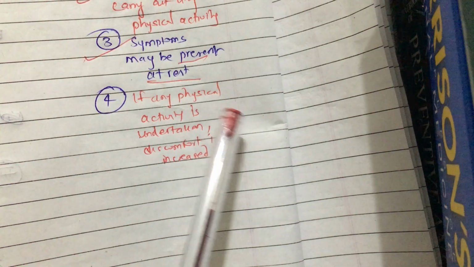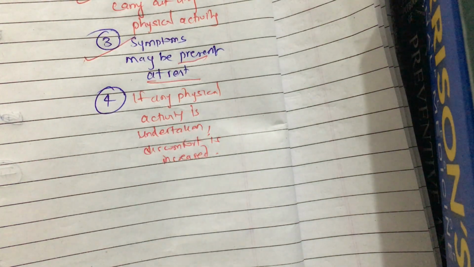Okay, and if any physical activity is undertaken, discomfort is increased. So if the patient has any symptom at rest, then the patient directly belongs to the NYHA classification 4. Okay, thank you.